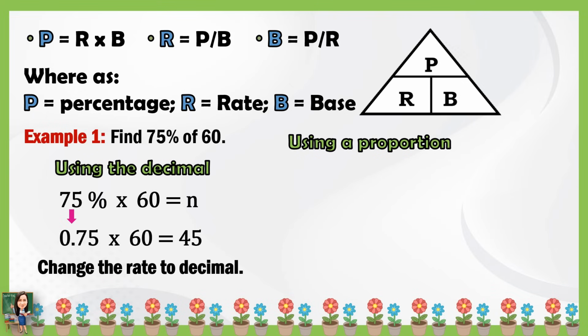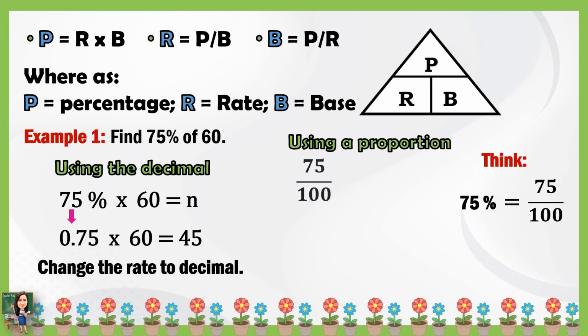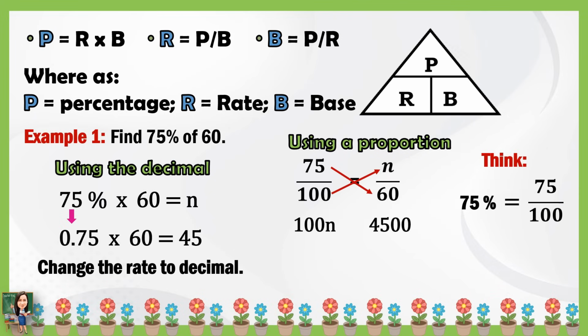Now, using a proportion. 75% equals 75 over 100. 75 over 100 equals N over 60. Get the cross product. 100 times n equals 100n. 75 times 60 equals 4,500. Then, divide them by 100. 100n divided by 100 equals n.